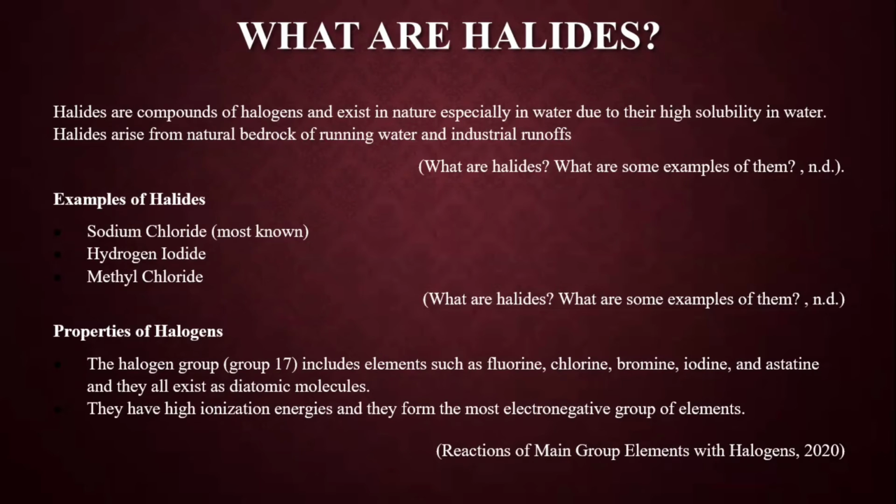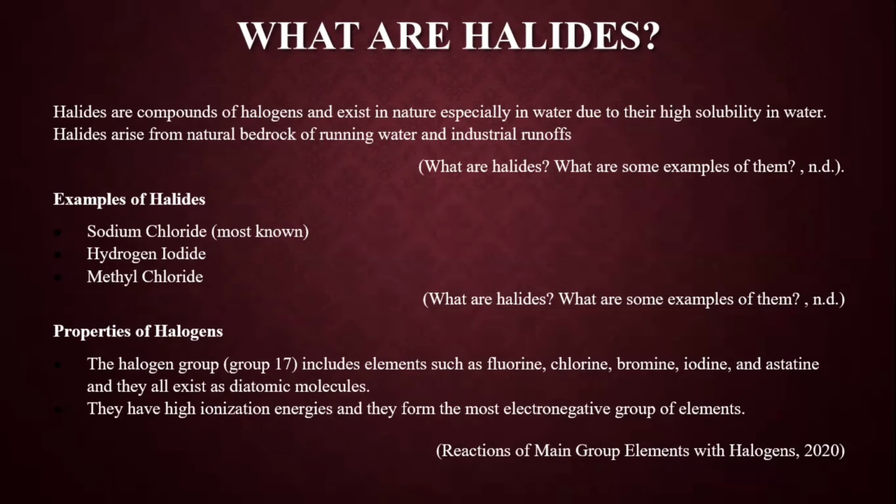And now we'll look at the properties of halogens. So the halogen group, which is group 17, includes elements such as fluorine, chlorine, bromine, iodine, and astatine, and they all exist as diatomic molecules. So diatomic molecules meaning that they have only two atoms of the same or different chemical elements.